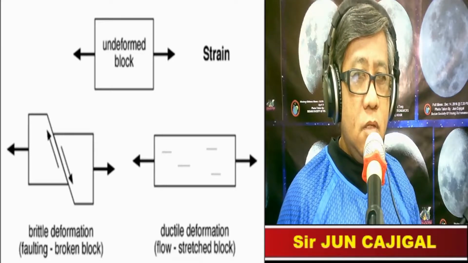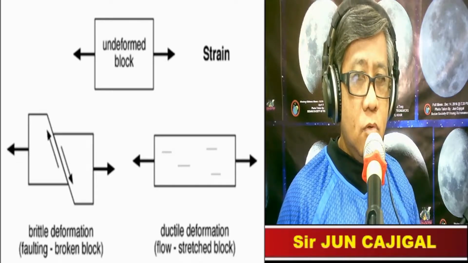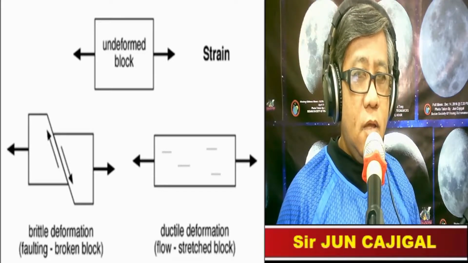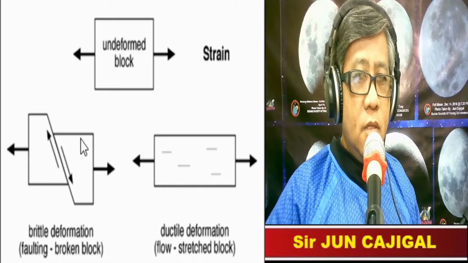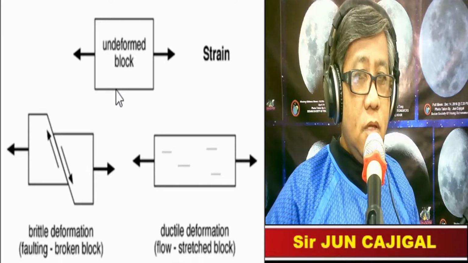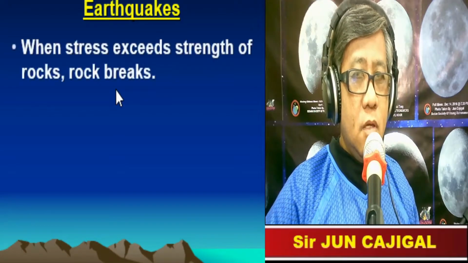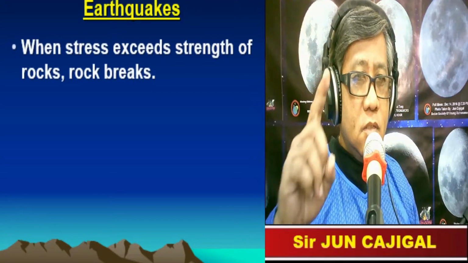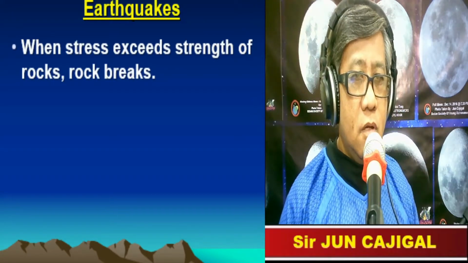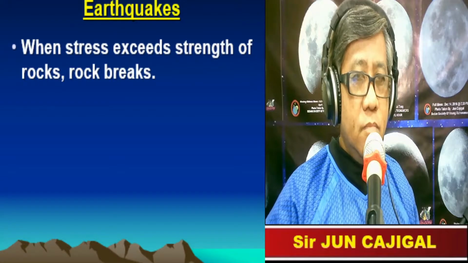So, ibig sabihin nito, unti-unti po nagbabago yung shape ng bato. And when that happens, nadideform po yung mga bato. Now, when stress eventually exceeds the strength of the rocks, ano po nangyayari? The rocks break.